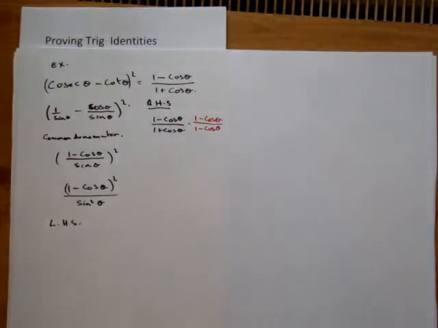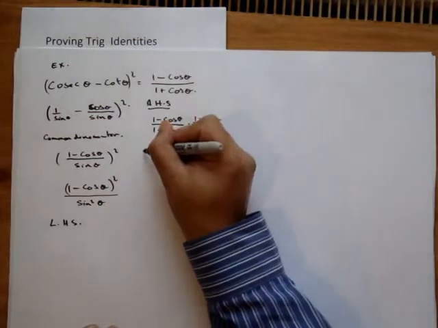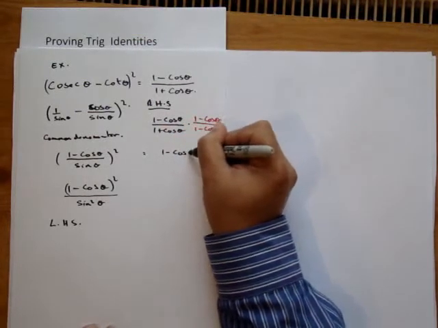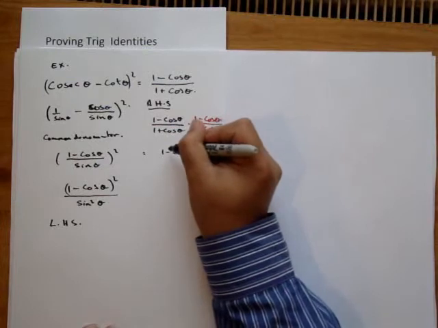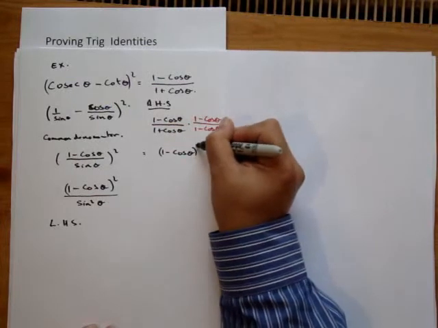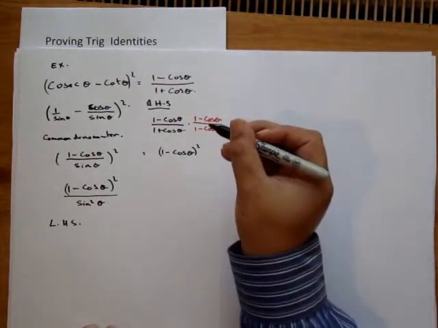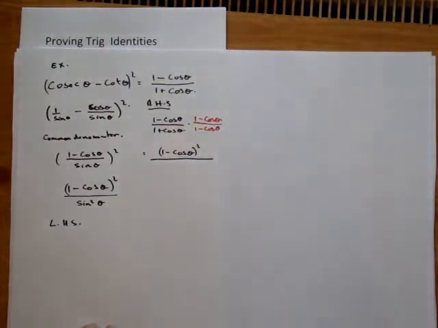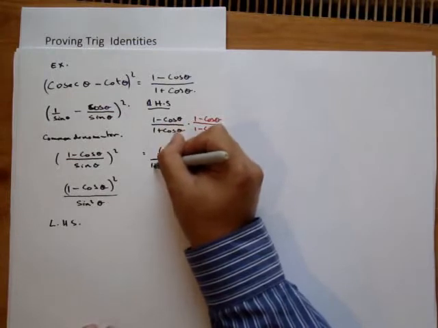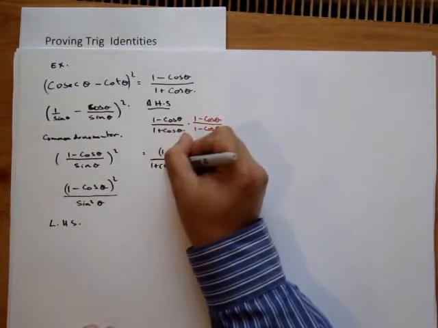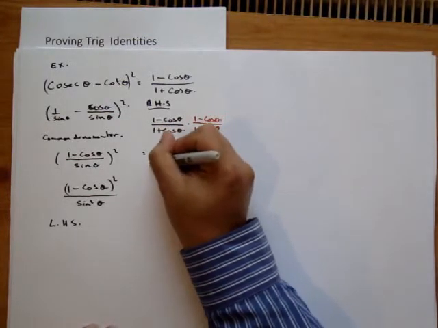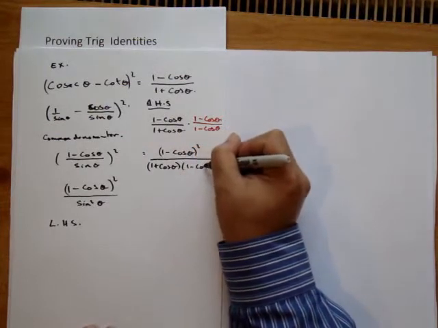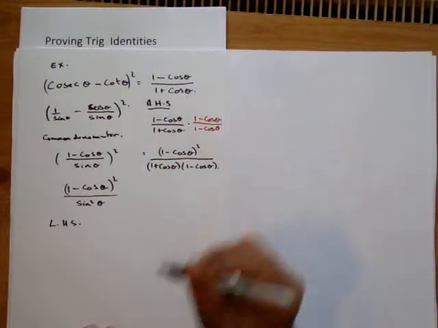When we do that, we get 1 minus cos theta squared, and in the denominator we get 1 plus cos theta times 1 minus cos theta.